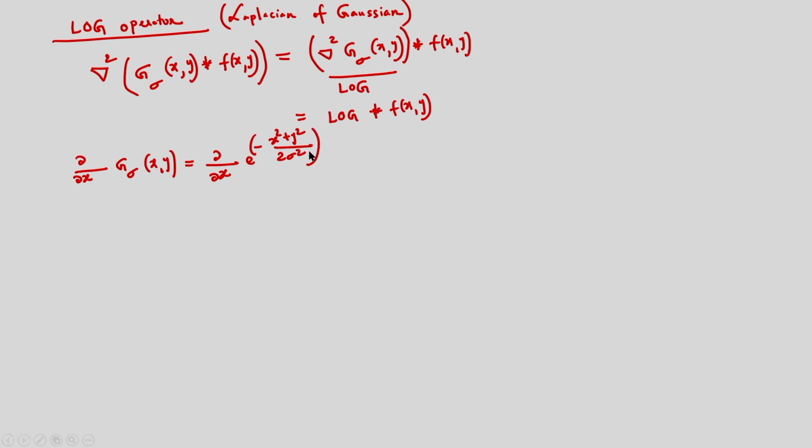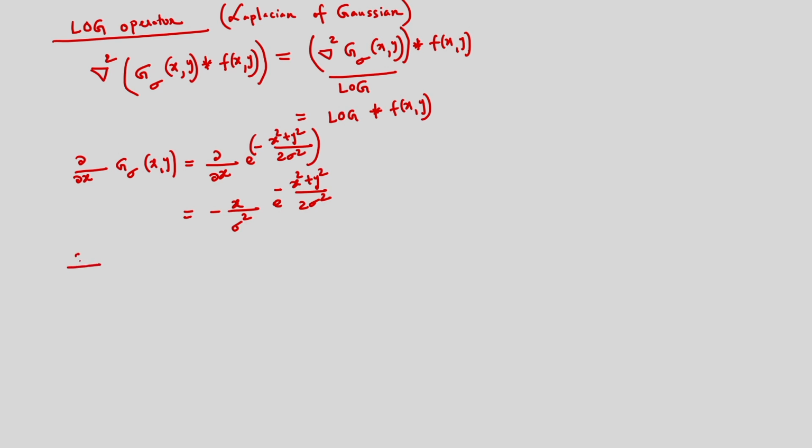It will be equal to minus x over sigma square e to the power minus x square plus y square over 2 sigma square. That is the first order differentiation.